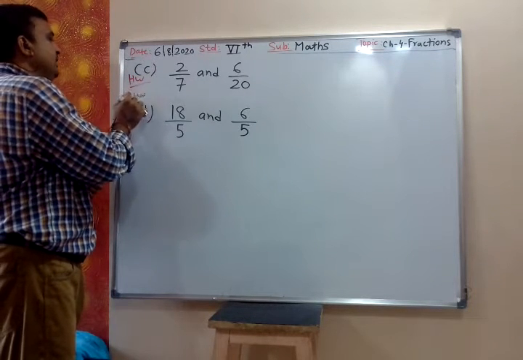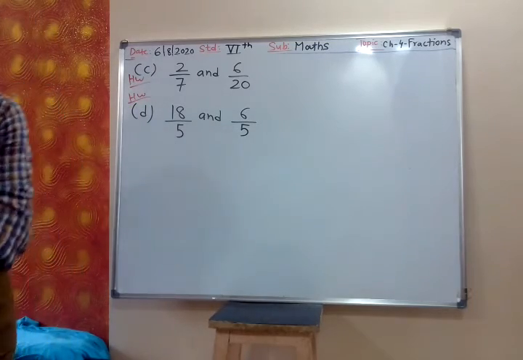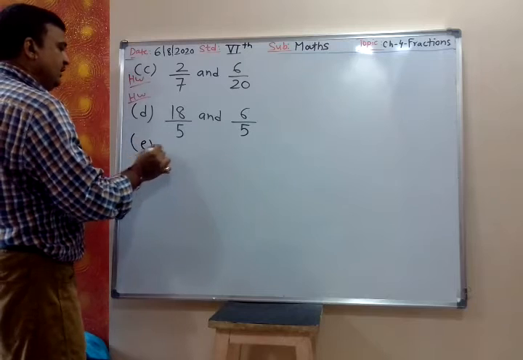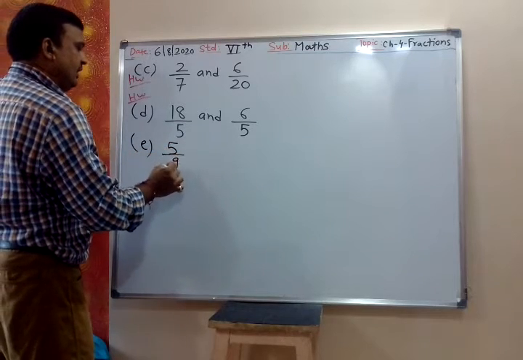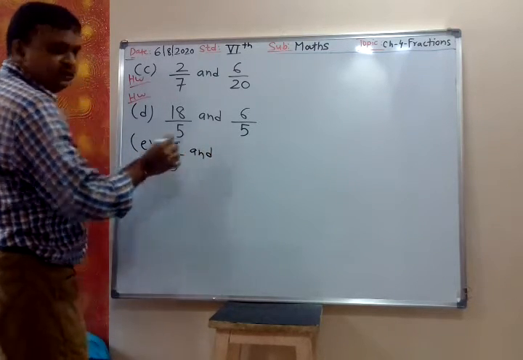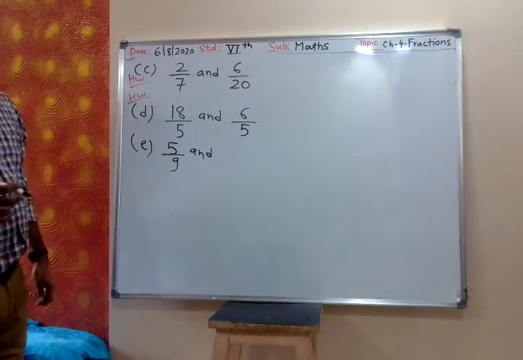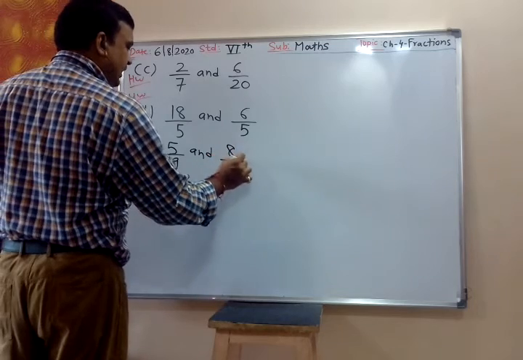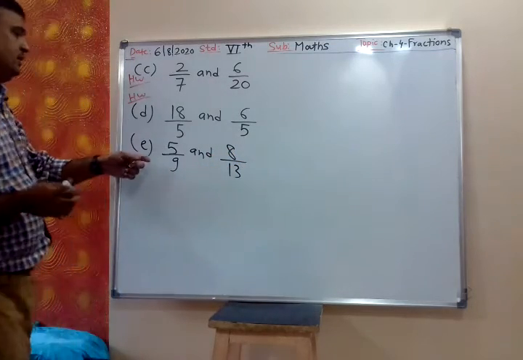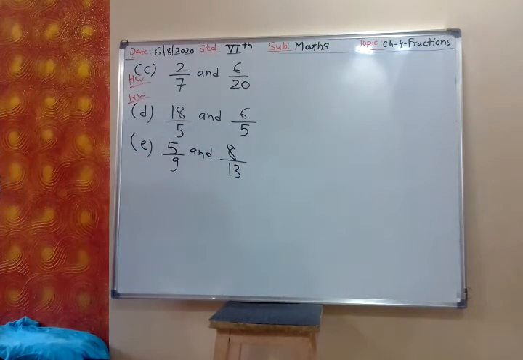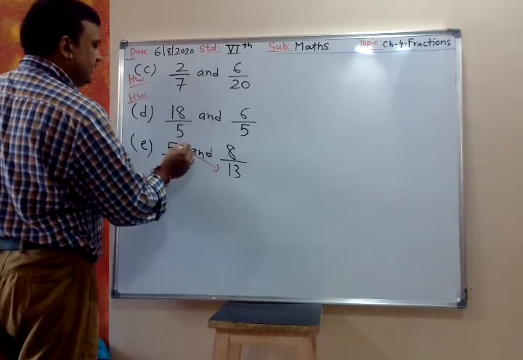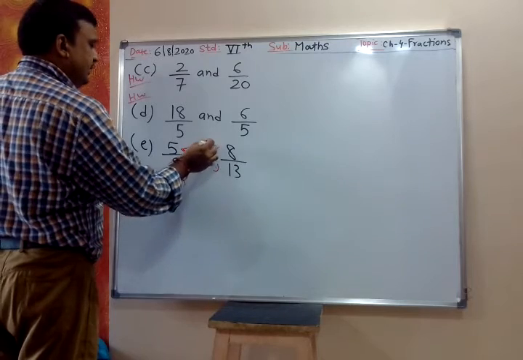Let me do E. E is 5 upon 9 and 8 upon 13. Let us solve E part. Now cross multiply.